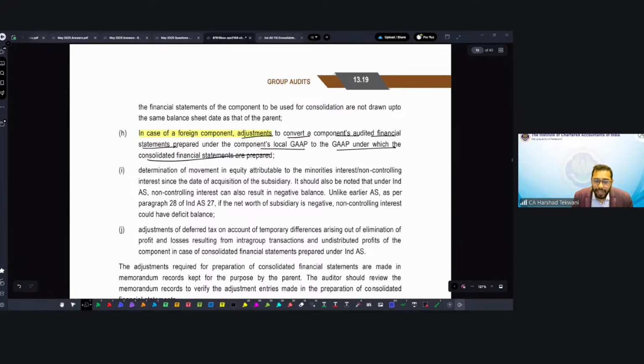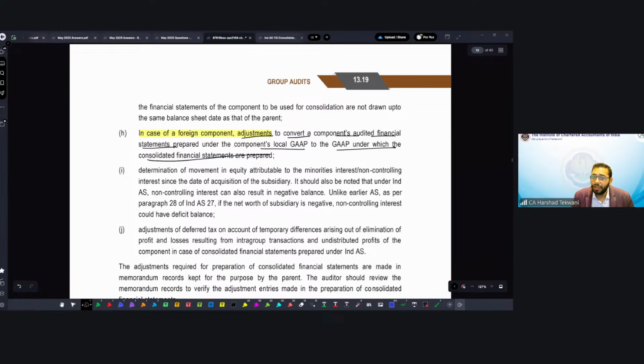You need to see that the adjustments made are appropriate or not. You need to verify the calculations, look into the accounting policies, and see whether the conversion is made appropriately. Then only you can say that it is fine, otherwise it's not. So as an auditor, it's your responsibility to audit these adjustments.